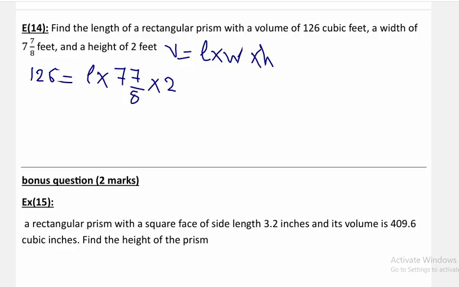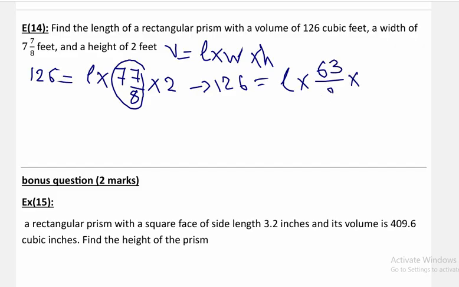Let's convert this mixed number into an ordinary fraction. So you have 126 equals L times how many 8ths in 7 and 7/8? It will be 7 times 8, 56. 56 plus 7, which is 63, over 8, times 2. The surprise is 63 times 2 is also 126. You can cancel this with this. So you have 1 equals L over 8, which is L equals 8 feet.